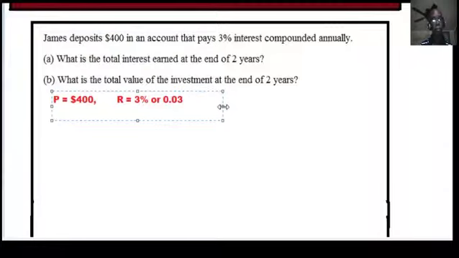To change a percentage to a decimal, you must divide by 100. To calculate interest, let's use the basic formula. Interest equals principal times rate, where the rate is calculated as a decimal.